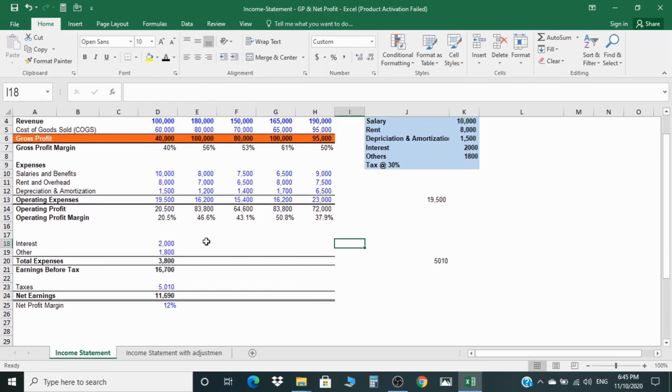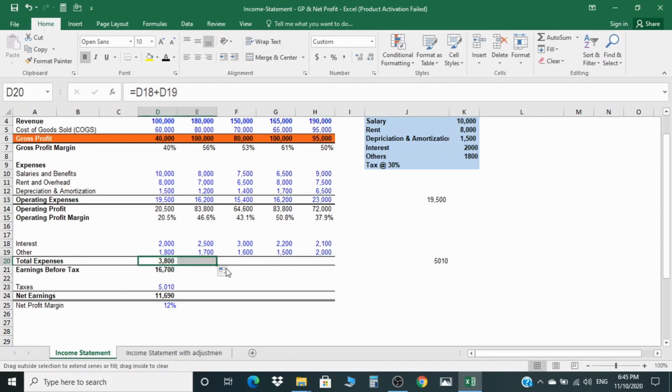The same you can go here, like interest is 2,000, 2,500, 3,000, right? 2,200, right? And what else? 2,100. Okay, so 1,700, 1,600, or you can go like 1,500, and you can go 2,000, right? Just drag the formula.